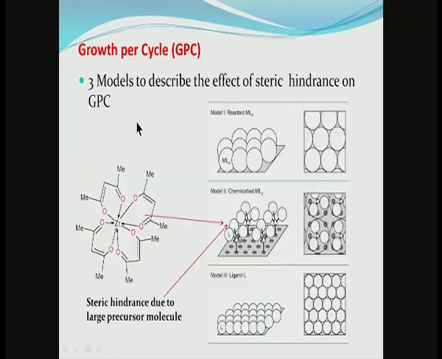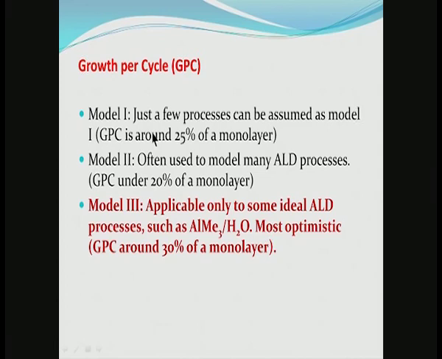Now, in model 1, which is where I have shown these large ligand molecules, just a few processes can be assumed as model 1. There are not many examples of that, and when that is used, 25% of a monolayer is formed per cycle. Only about a quarter of the substrate surface is covered per cycle.